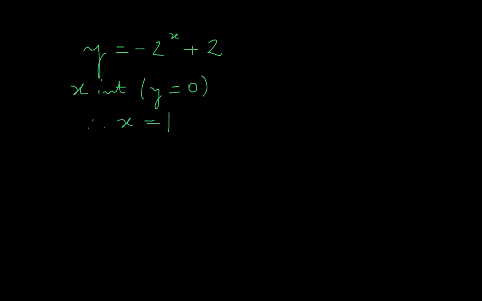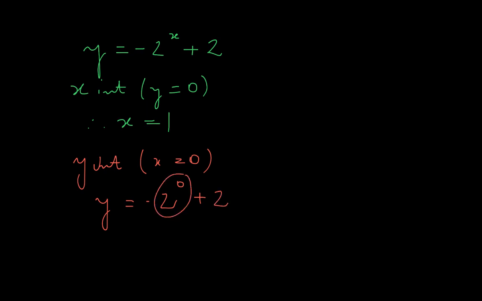Okay, so if I now want to find the y-intercept, I will have to make x equal to 0. So I have y equals minus 2 to the 0 plus 2. But 2 to the 0 is 1, and minus 1 plus 2 gives me positive 1.